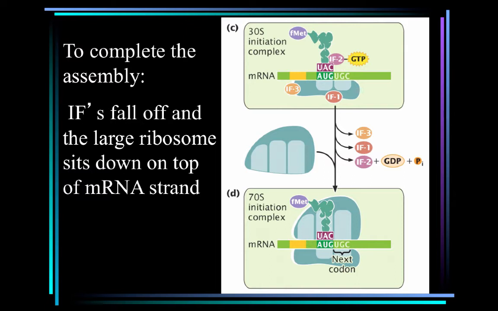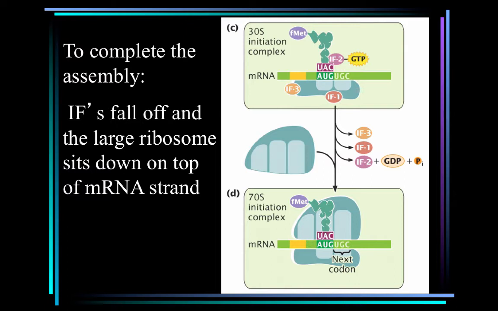One thing to keep in mind as you're struggling to grasp this initiation concept is that this is a highly regulated process. All of these factors, whether it's an initiation protein or a subunit or the actual mRNA strand, have to come together in the specific order for translation to take place.